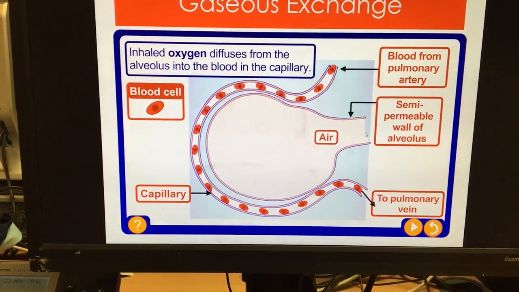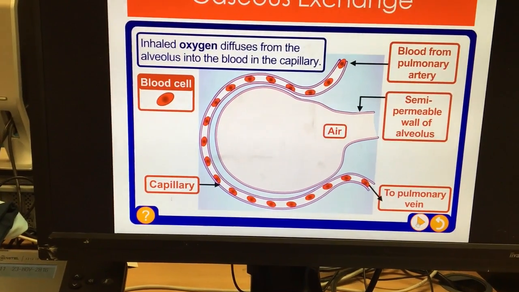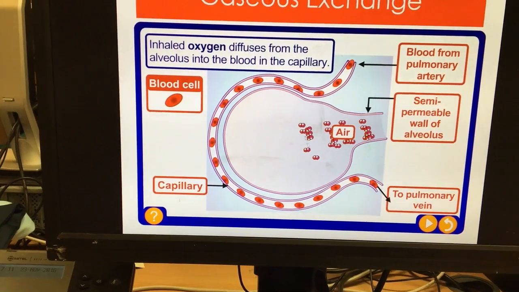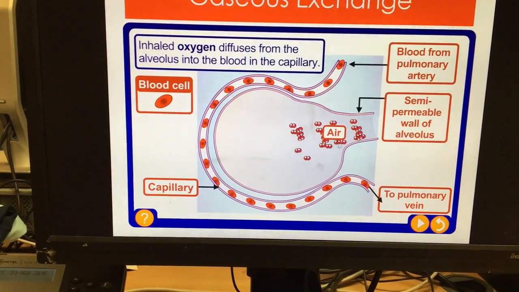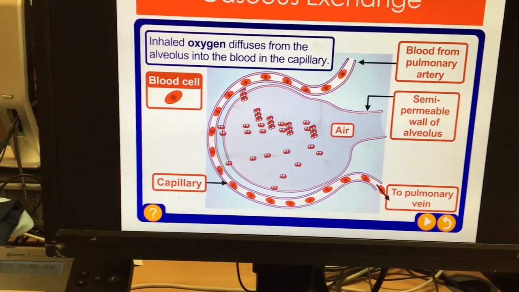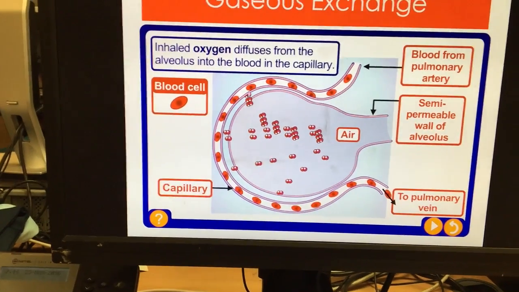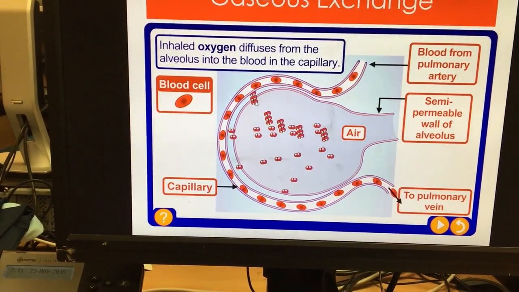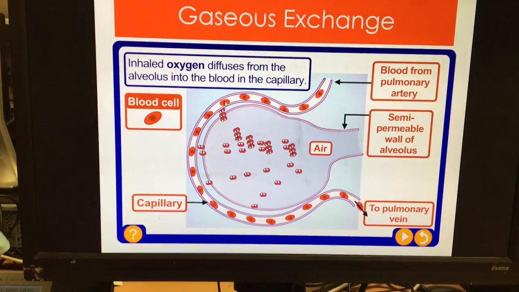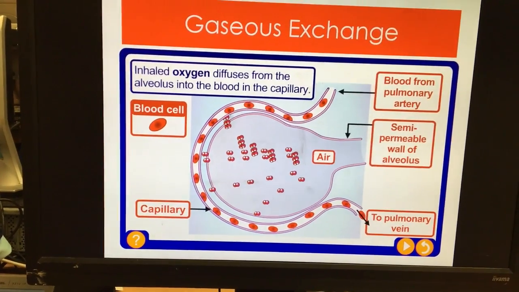So what happens is when we inhale oxygen, the oxygen comes through to the alveoli, and if you watch now, here's the oxygen. You see these little oxygen bubbles here, and they're coming through, and you'll see them now heading out through the wall of the alveoli into the capillary. Now what the oxygen does is it will bind on to the red blood cell and the hemoglobin to oxygenate the blood.